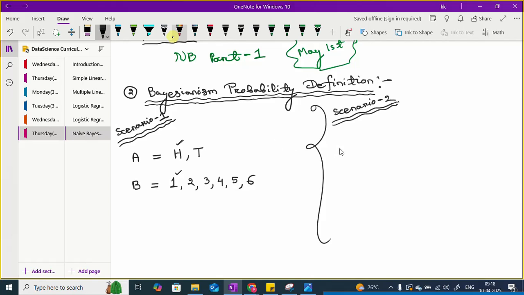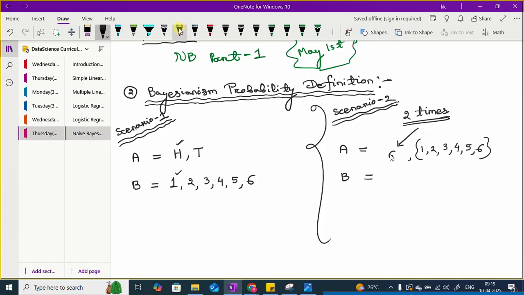Now here in the second scenario, I'm taking the same persons A and B, but here both are playing the same game, that is throwing the dice two times. Out of two times, one time definitely A will get 6. The other time, obviously A may get 1 or 2 or 3 or 4 or 5 or maybe 6. Out of these 6 different outcomes, any one outcome may come.